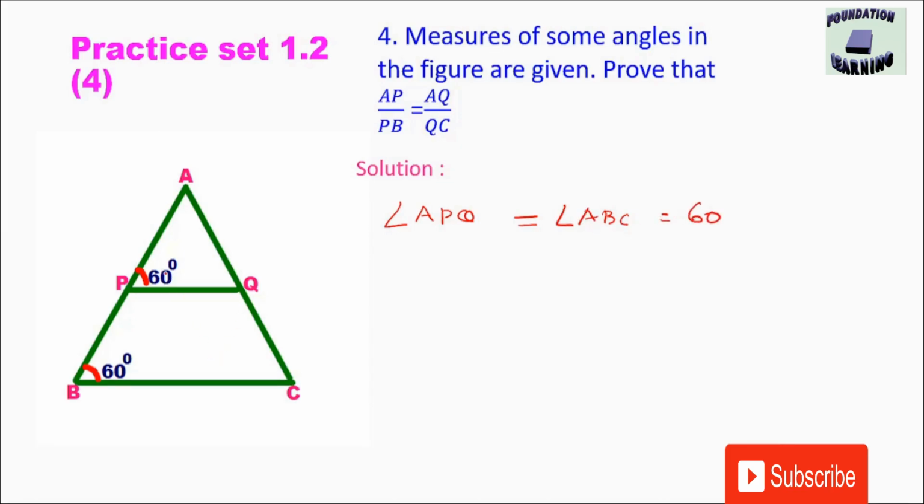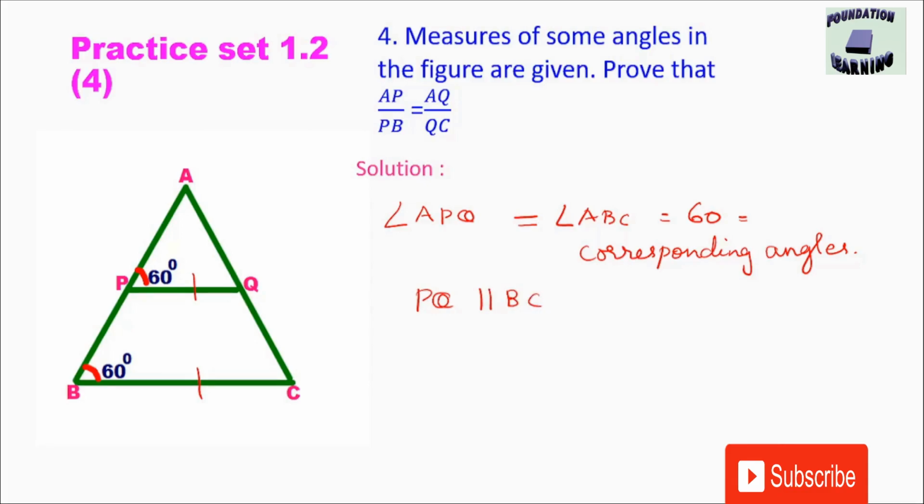Now why are they congruent? Because they are corresponding angles. So by the corresponding angle theorem, they are congruent. When the angles are congruent, automatically the lines will be parallel. Which lines will be parallel? PQ will be parallel to BC.